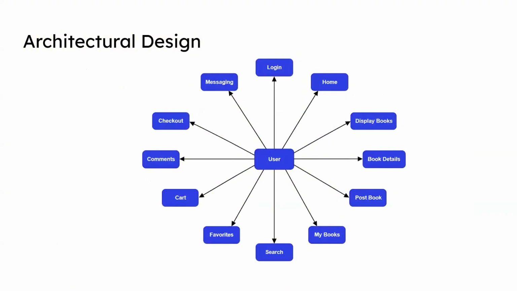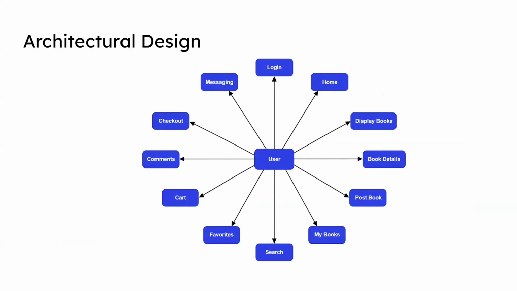Alrighty, so moving on to our architectural design. As you can see, the main focus is our user, and the diagram shows that our user interacts with all the different parts of the system. At the center is our user, and every single feature is enabled by the user, such as searching, posting books, commenting, messaging, and managing your favorite books.